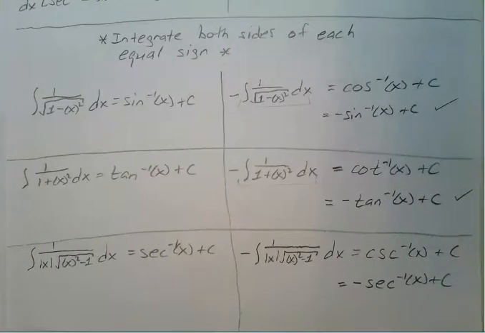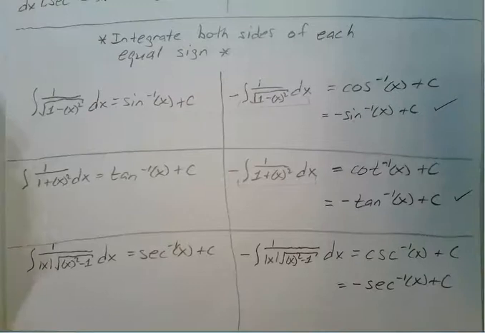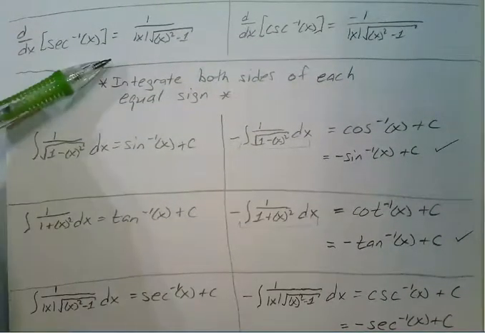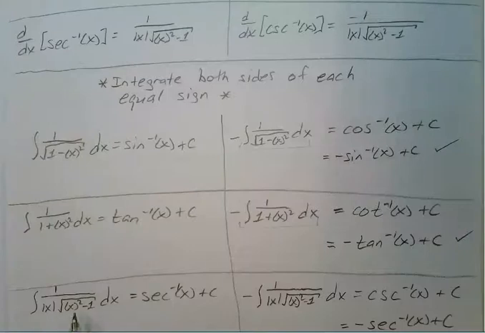Now we have the integral of 1 over the absolute value of x times the square root of x squared minus 1, and we integrate both sides for this one.